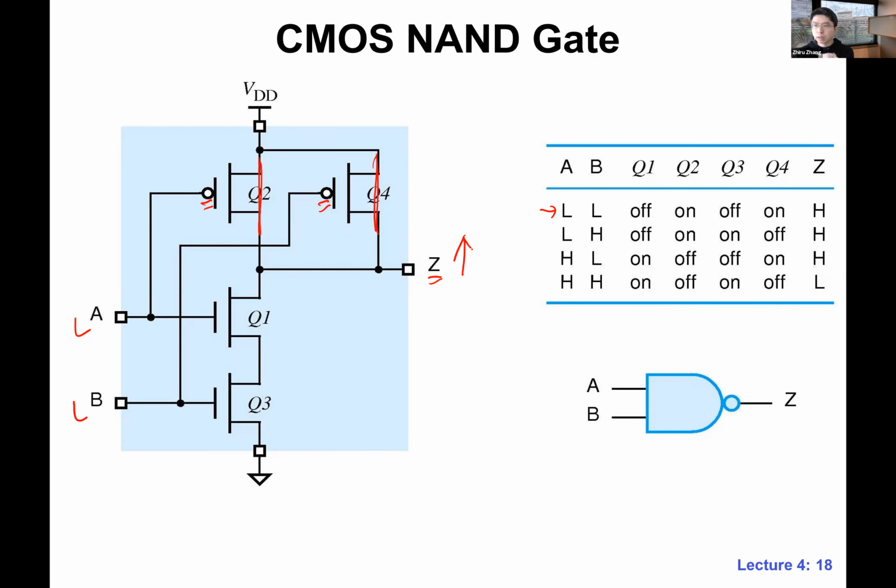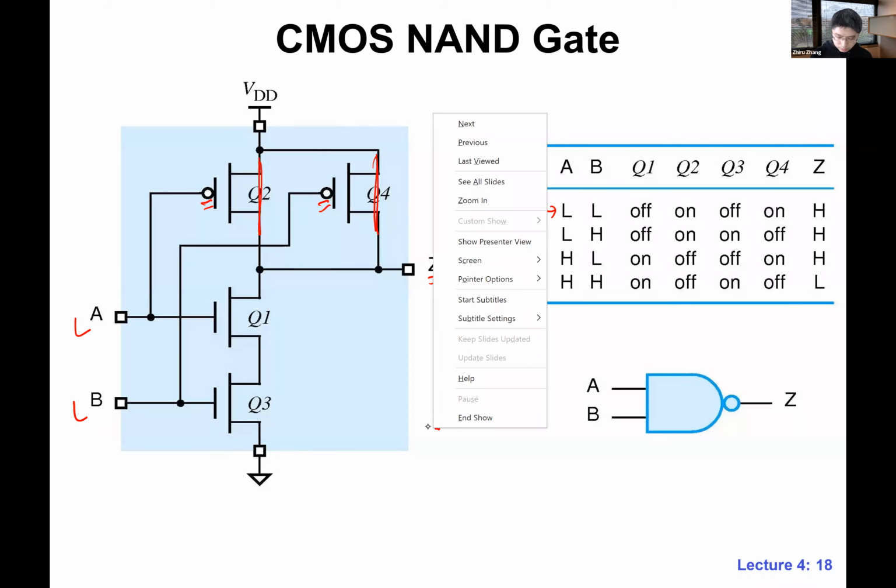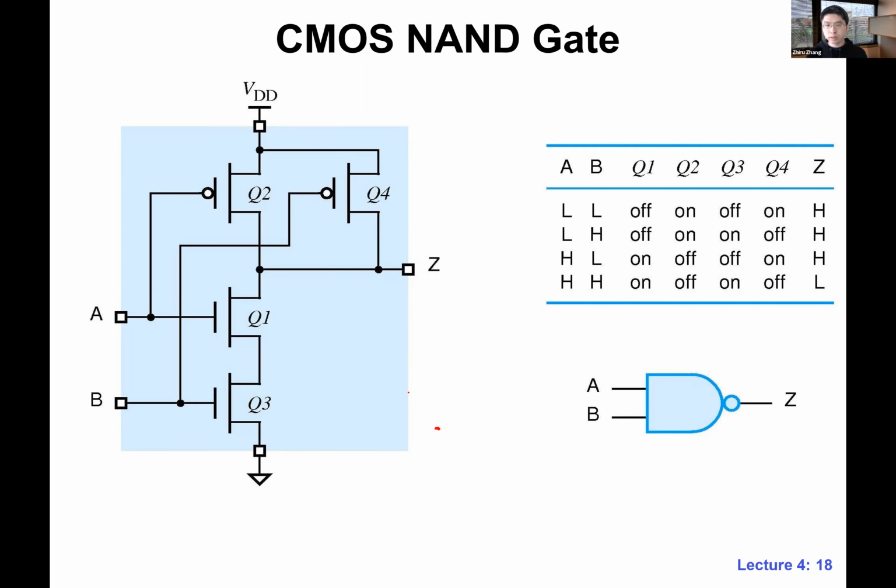There are quite a few good questions. Amanda is asking, how do you know how to tell high versus low for Z? Good question. Whether Z is high or low depends on whether the PMOS network is on or the NMOS network is on, so basically whether you're connecting to the ground or VDD.